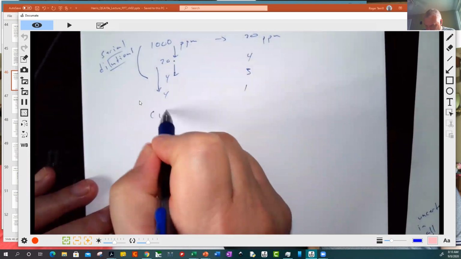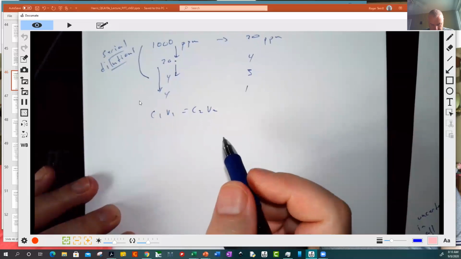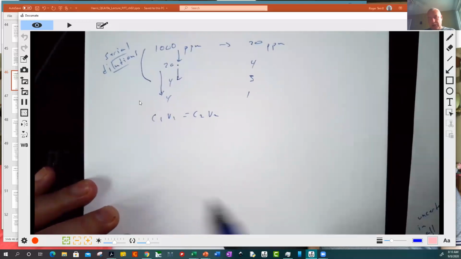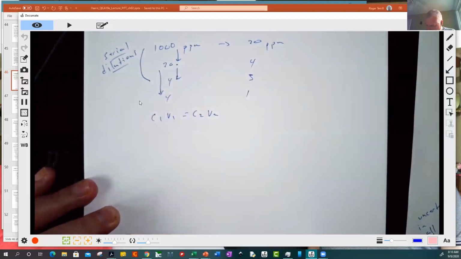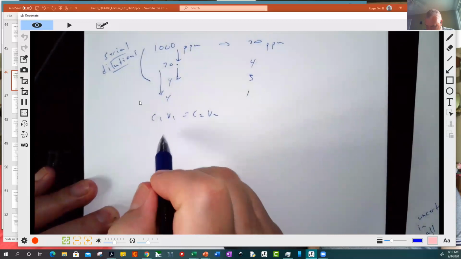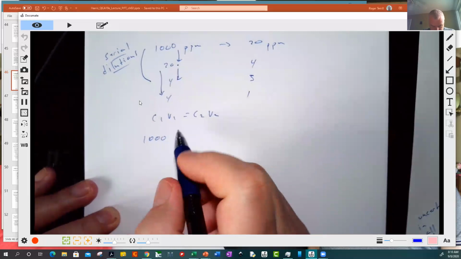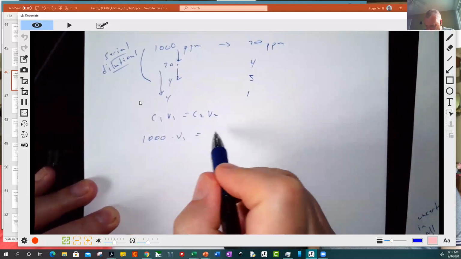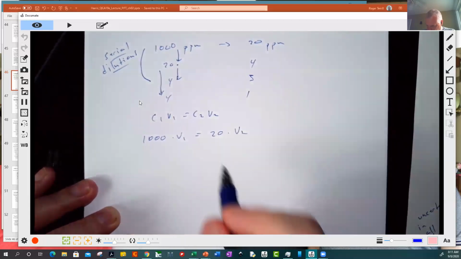We're going to use C1 V1 equals C2 V2, right? And generally the way to do this is just to try some values. Let's say the first thing we're going to look at is, so we've got 1,000 times V1 is going to equal 20 times V2, right?